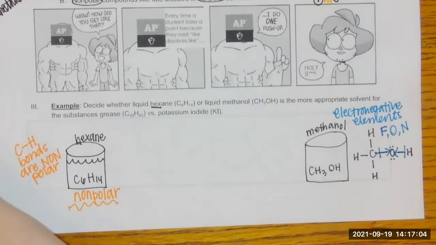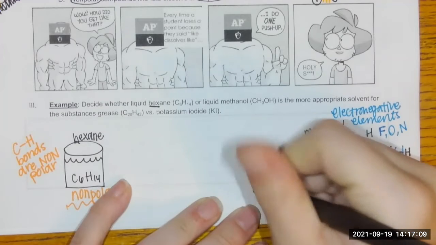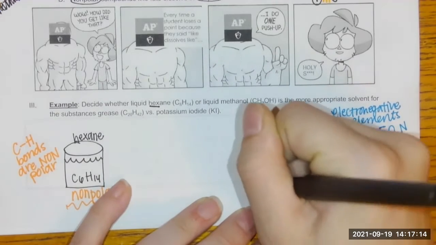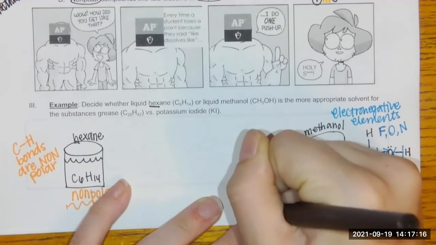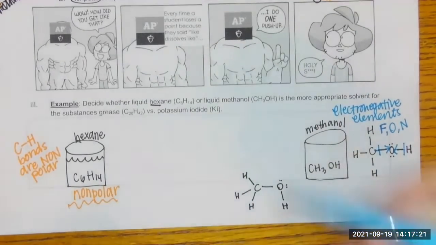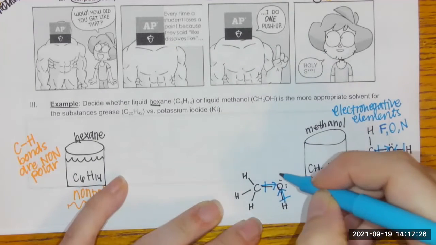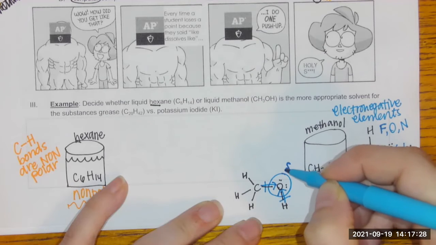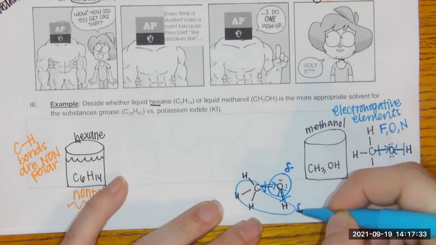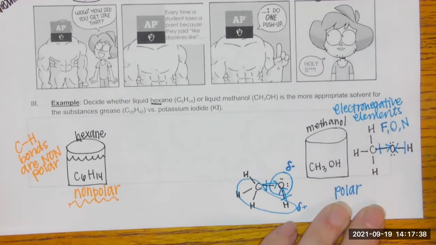And actually, if I was to draw this more accurately, my picture would have looked something like this with the correct bond angles. I just didn't think about it. So I've got this electronegative oxygen, and here is our partial negative. The other sides would be partial positive. So yeah, this is a polar molecule.